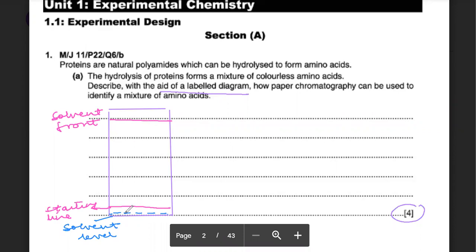Solvent front is a level जहां तक आप इस solvent को absorb होने देंगे. ठीक है, next you will be placing a pure sample spot using a capillary tube. साथ में जो भी expected आपके दूसरे अमाइनो एसिड्स हैं जो इस मिक्सचर में हो सकते हैं, उनके प्योर सैंपल्स आपने यहाँ पर लगा दिए. अब आप कह रहे हैं कि this is amino acid 1, this is 2, this is 3, this is 4.